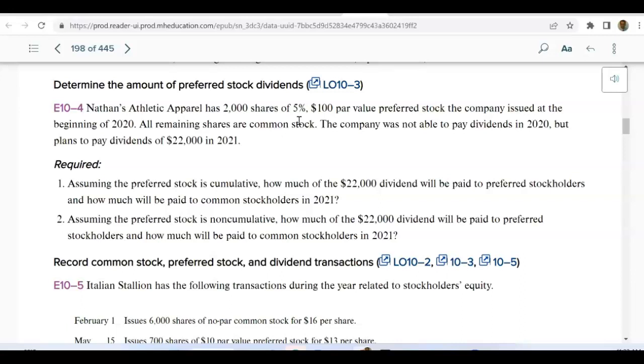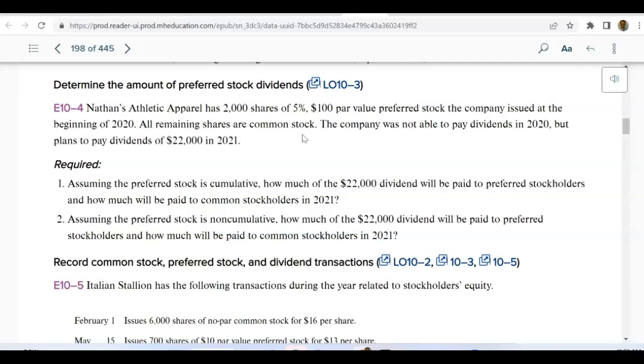Preferred stock has priority compared to common stock. Okay, so the company has 2,000 shares of 5% preferred stock. All remaining shares are common stock.